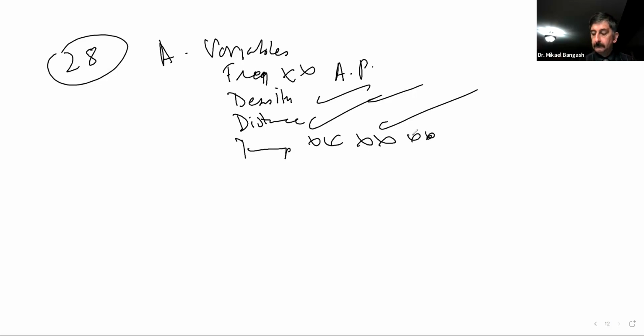Clear? Period. That's not an acoustic variable, that's an acoustic parameter. And pressure. Yes, that is an acoustic variable.